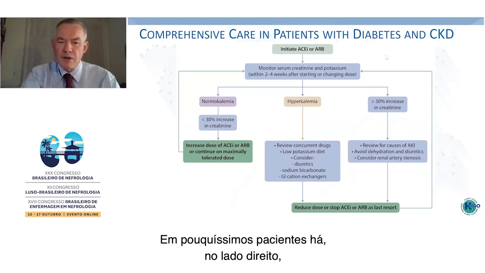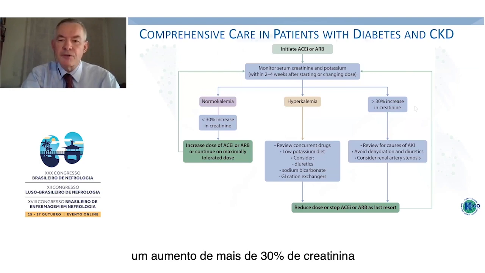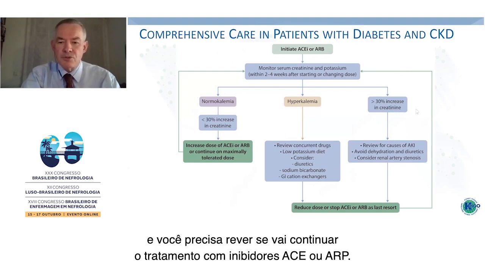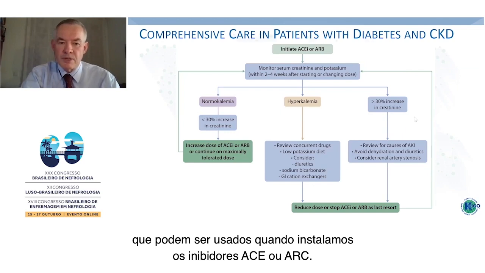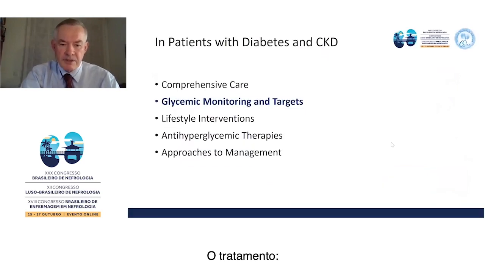In very few patients, on the right side, there is a more than 30% increase in creatinine, and then you should review whether you can continue your ACE or ARB inhibitor treatment. There are a few other guidances in this chart which can be used when you start ACE and ARB inhibitor treatment.